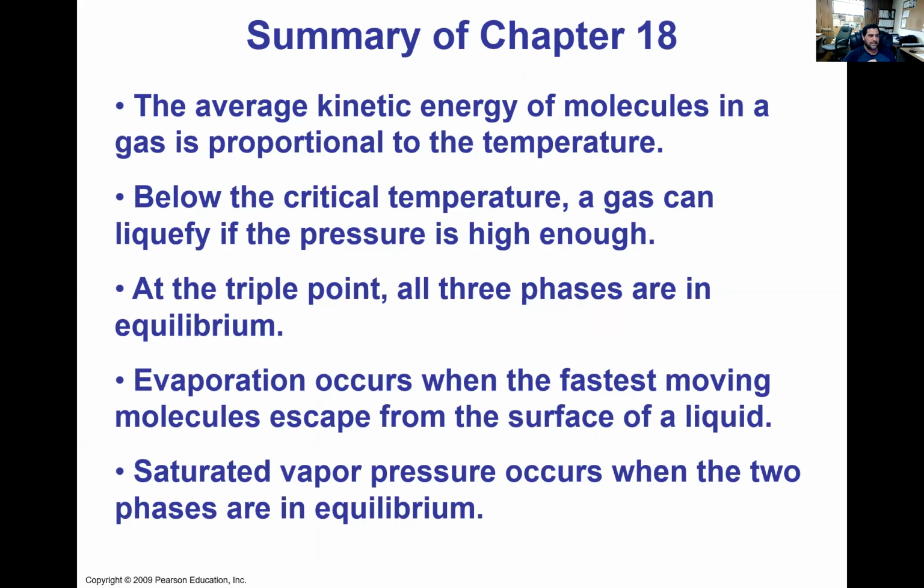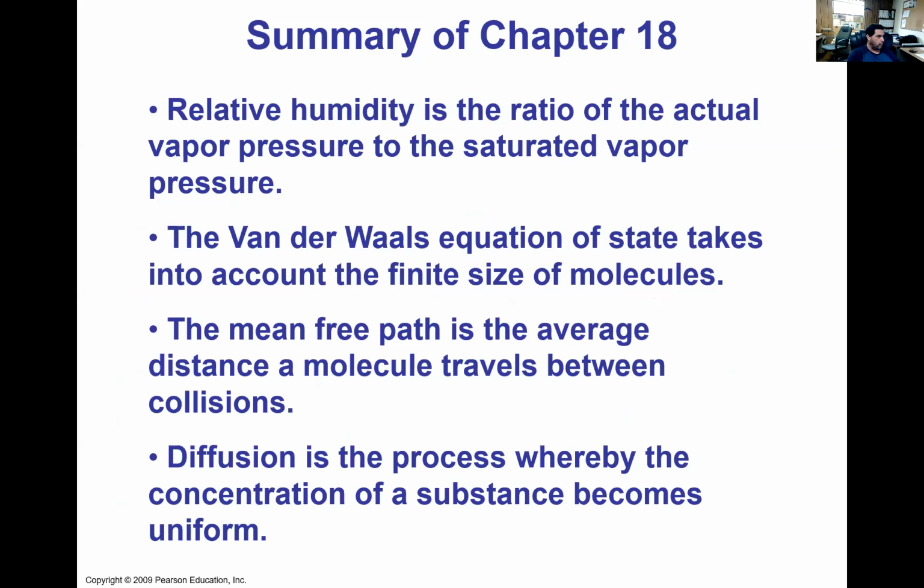Saturated vapor pressure occurs when the two phases, liquid and gas, are in equilibrium. Relative humidity is the ratio of actual vapor pressure to saturated vapor pressure at a particular temperature.